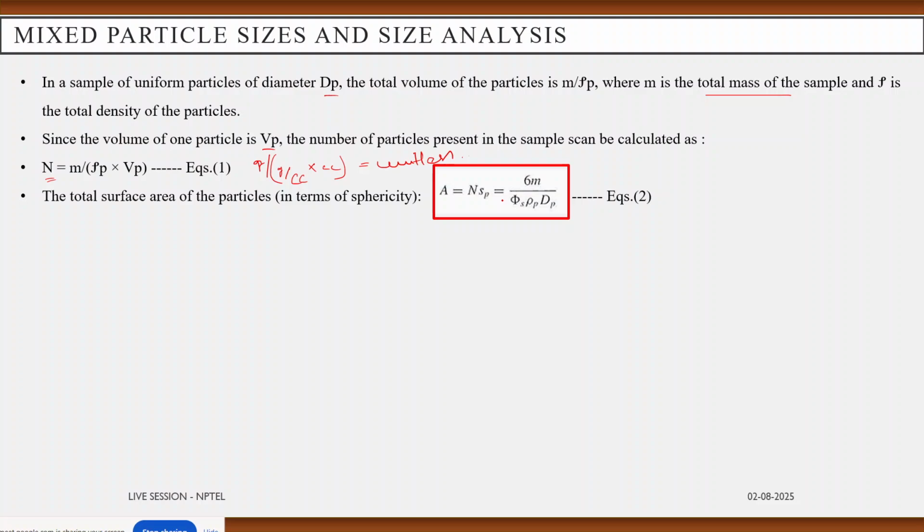When we substitute this over the sphericity equation from the last class, we get a simple equation. It denotes the total surface area of the particles in terms of the sphericity, and there are other terms related to the particle diameter, density, and the total mass of the sample.